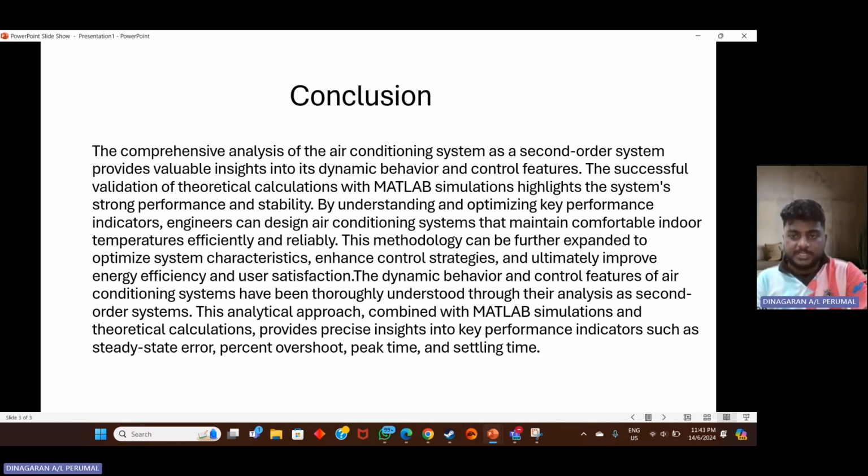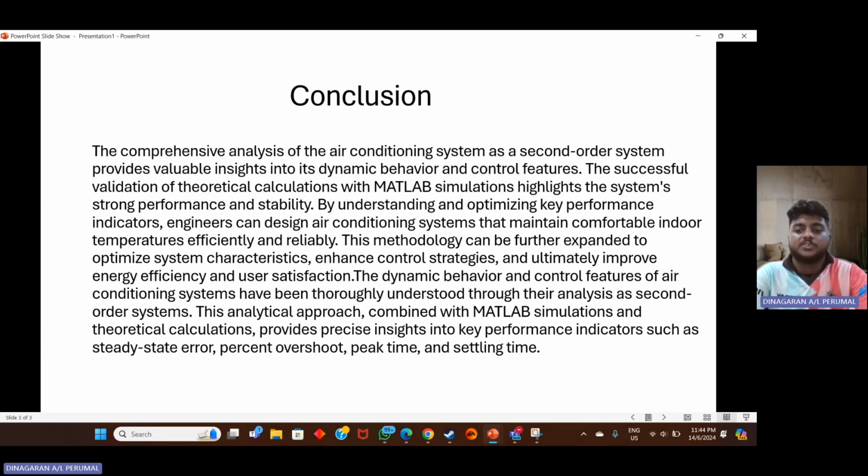By understanding and optimizing key performance indicators, engineers can design air conditioning systems that maintain comfortable indoor temperature efficiently and reliably. This methodology can further expand to optimize system characteristics, enhance control strategies, and ultimately improve energy efficiency and user satisfaction.